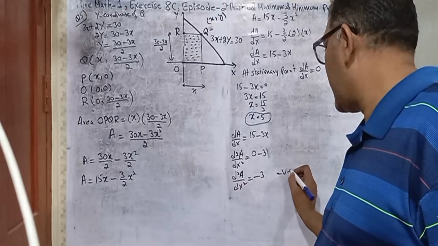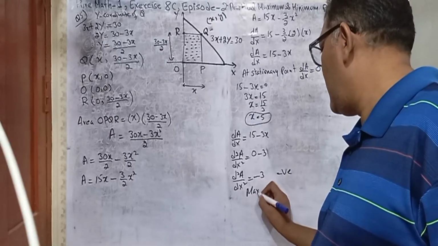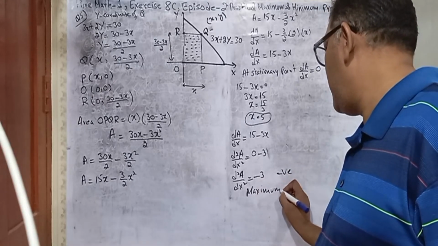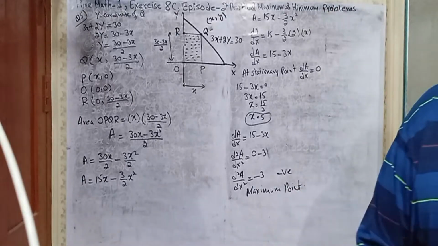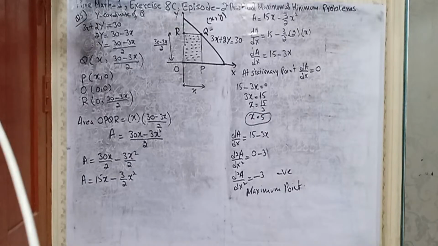It's a negative number, so it will be a maximum point. At x equals 5, we will have the maximum value.